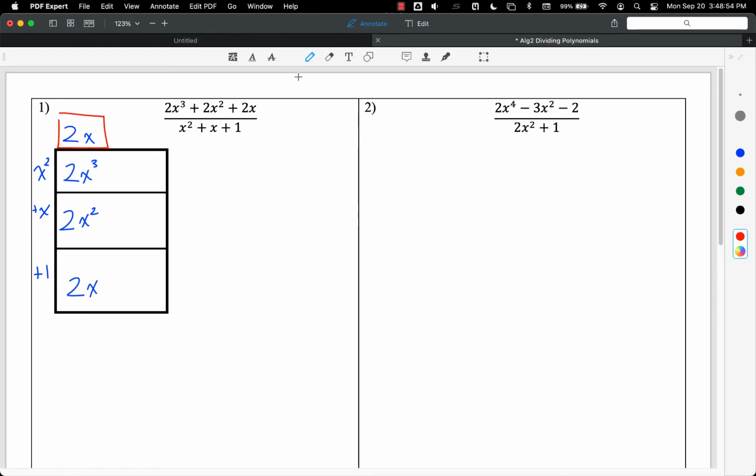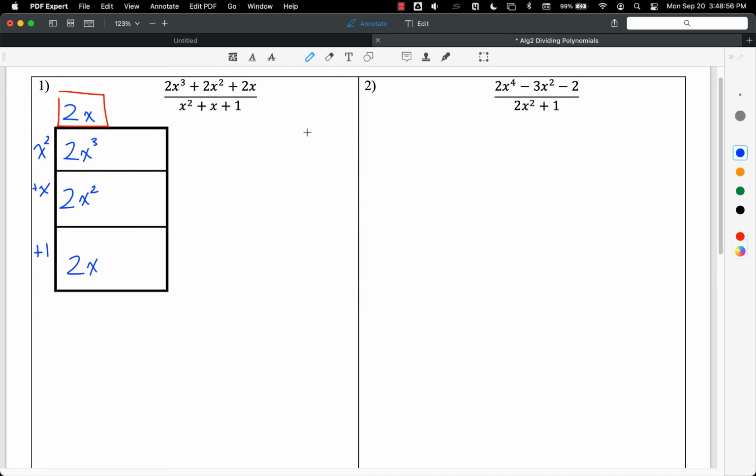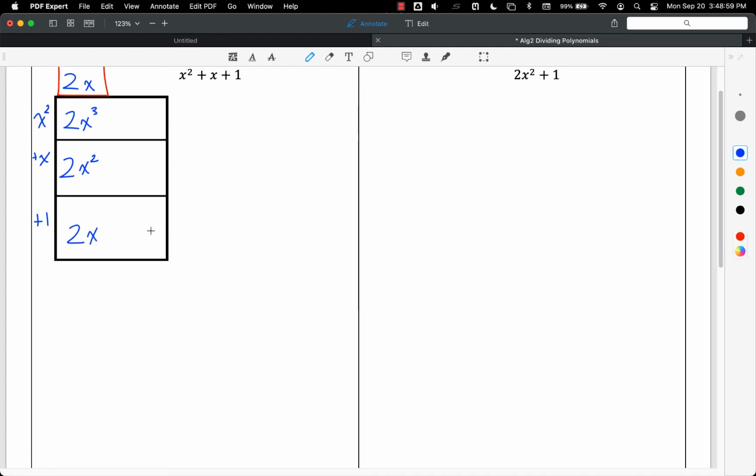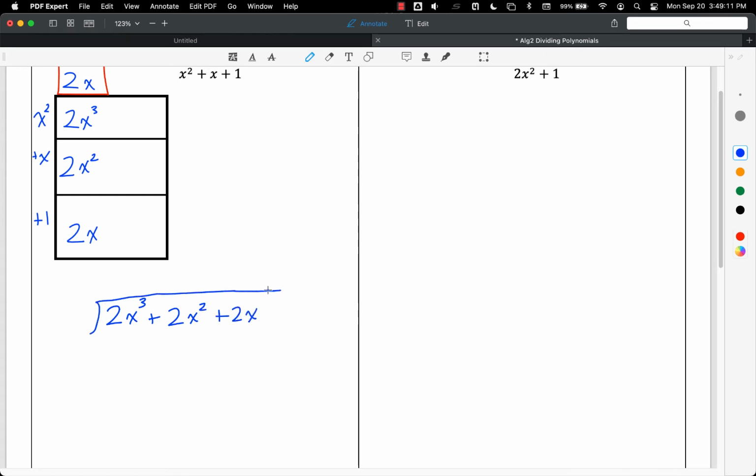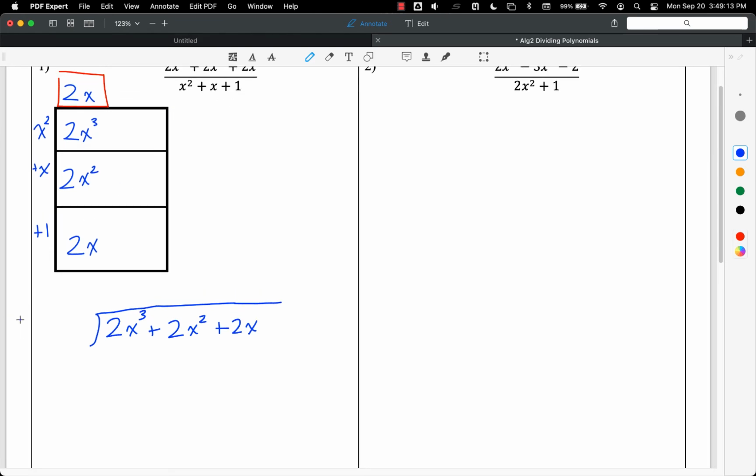How would you do that with long division? I have a feeling I might not be able to do long division for all of these. They take kind of a long time. Well, I'd first set up 2x to the power of 3 plus 2x squared plus 2x, our numerator, being divided by x squared plus x plus 1.